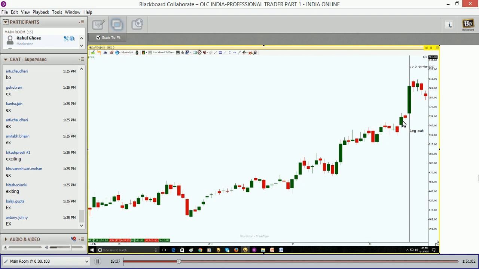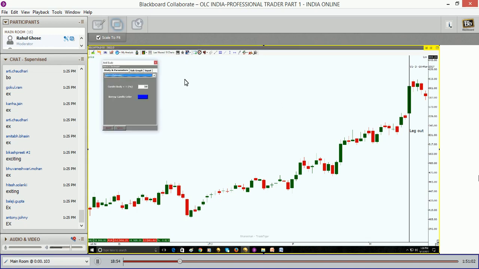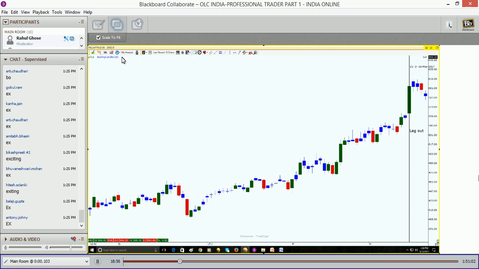Everybody says exciting, and absolutely it is indeed an exciting candle, which means this small red candle becomes my base and this green candle becomes my leg in.